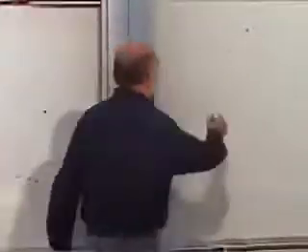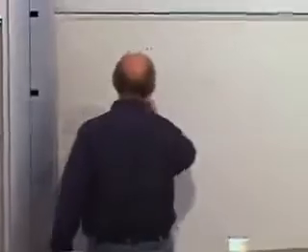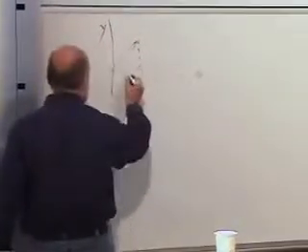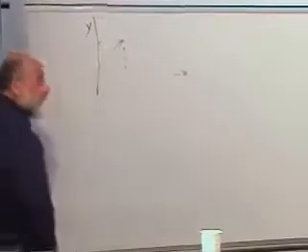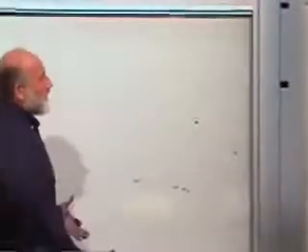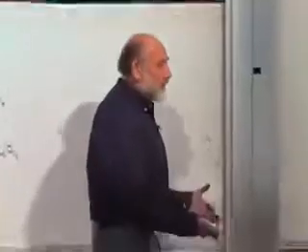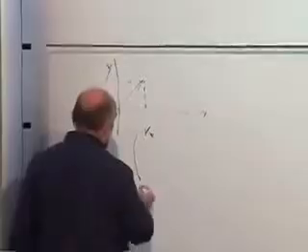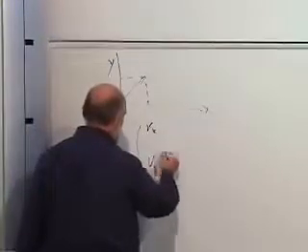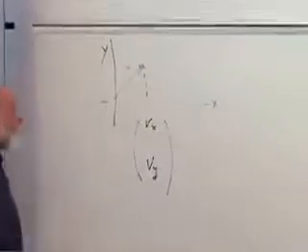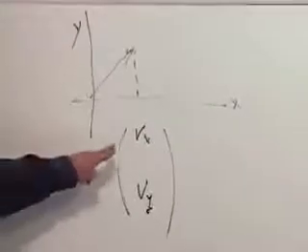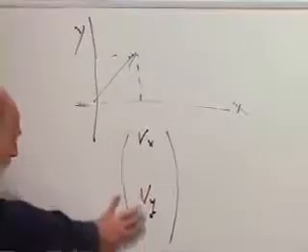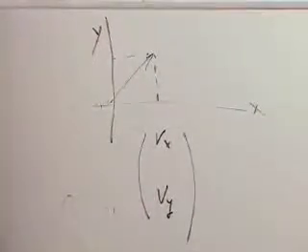Here's x, here's y, and the vector has an x component and a y component. So we represent this vector by its x component and its y component, and we could write it in the form: x component of the vector, y component of the vector. Of course, now I'm only doing two-dimensional space. These would be real numbers on the blackboard. They wouldn't be complex numbers, and this would be a two real-dimensional vector space.